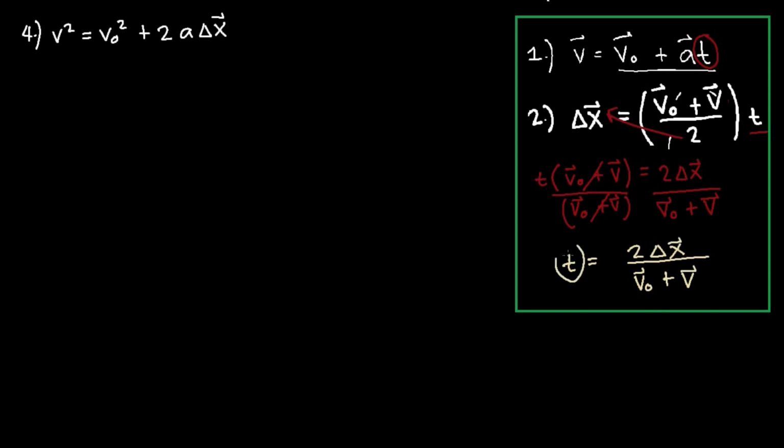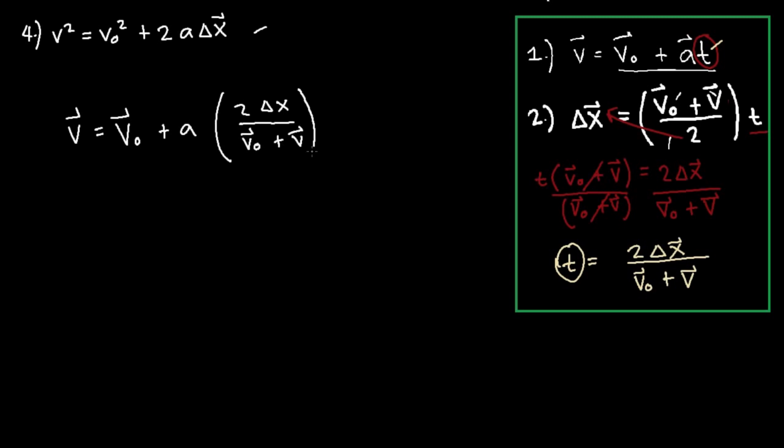So kining value sa t, i-input nato diri sa first kinematic equation. So therefore, para makuha nato ning equation, kailangan nato ibutang ang value sa t sa first kinematic equation. So initial velocity plus acceleration times kining value sa t, 2 times displacement over initial velocity plus final velocity.